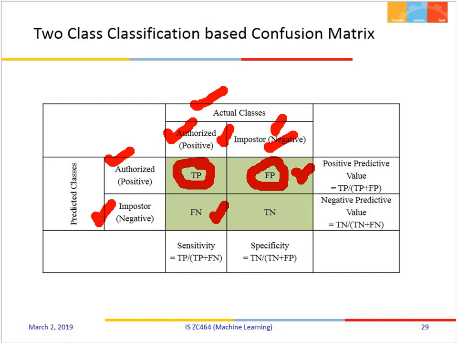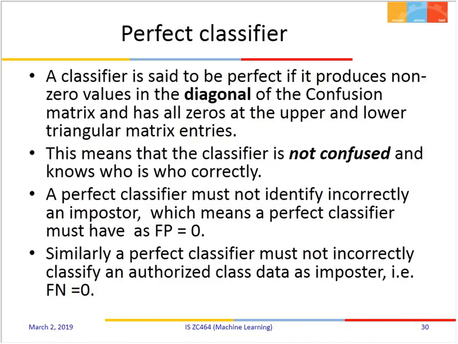As you have understood the definitions, I think we need not give more time to this. You have understood the sensitivity and specificity, then positive predicted value and negative predicted value. These have their own formulae.